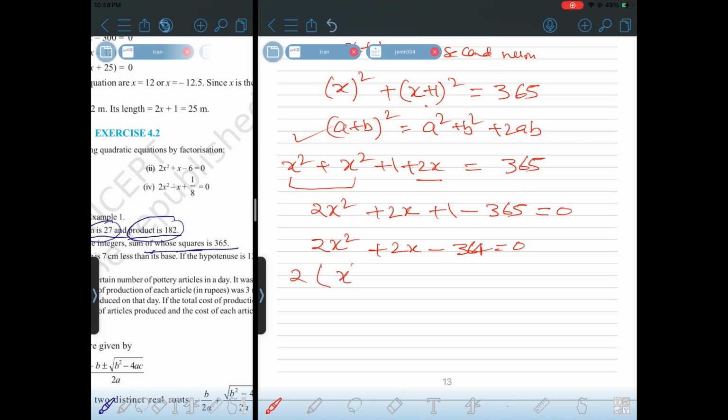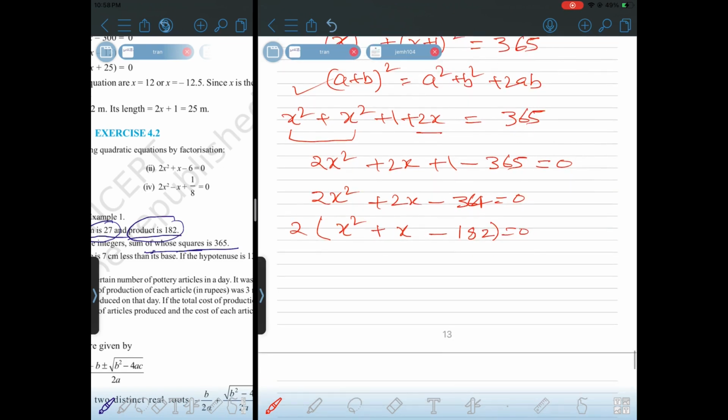Then it becomes x square plus x minus 182 is equal to 0, and the 2 vanishes.